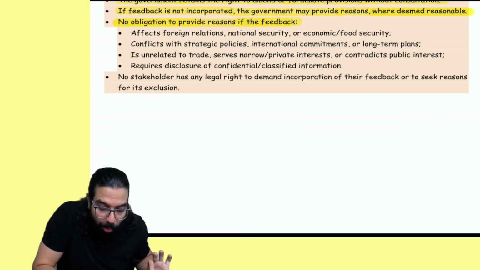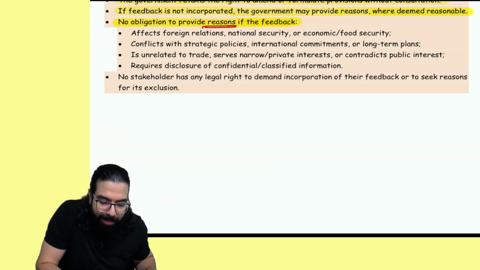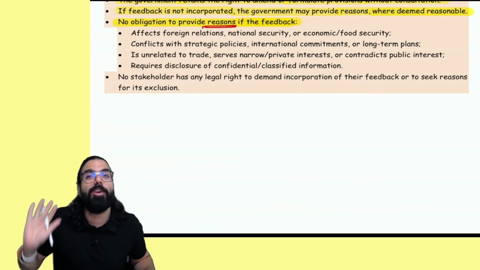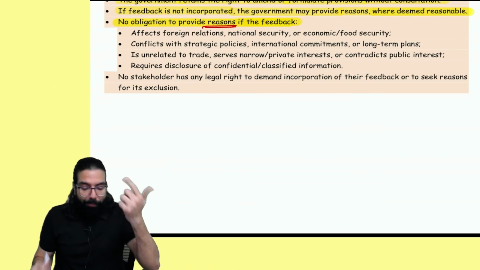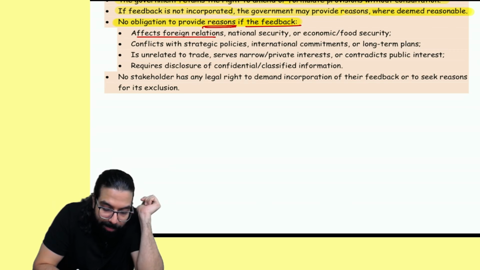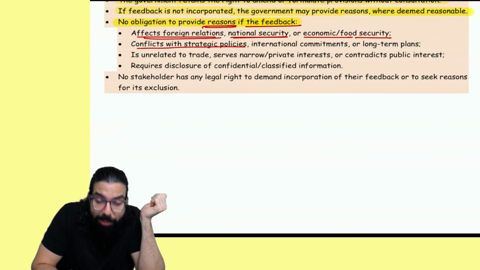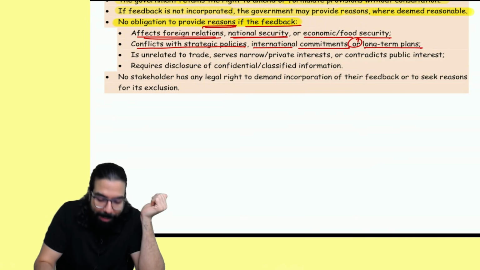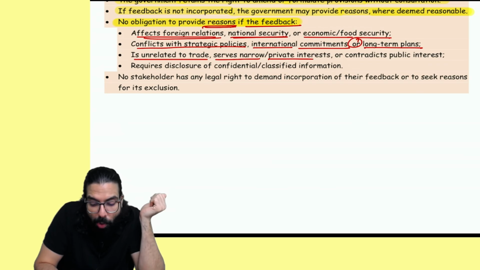Government will not give the reason why we did not incorporate your feedback or change the foreign trade policy as told by you. Why? If the feedback affects foreign relations, national security, or economic or food security, conflicts with strategic policy, international commitments, or long-term plans, is unrelated to trade, or serves narrow or private interests.